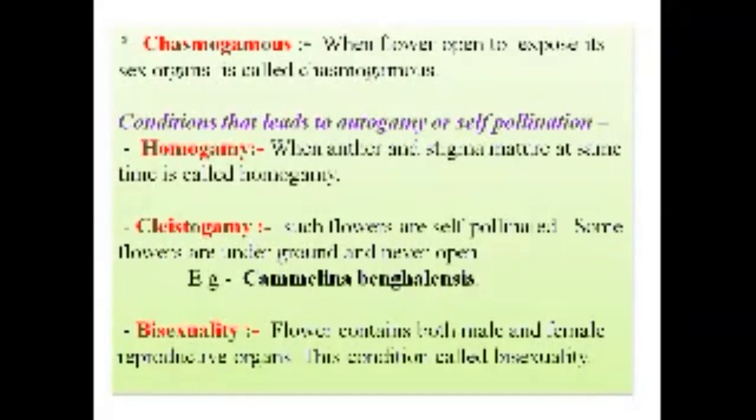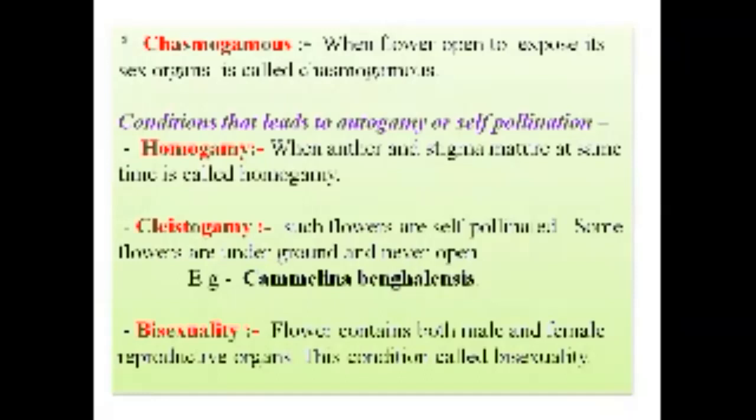Then only self-pollination or autogamy takes place within the flower. Then cleistogamy: in a cleistogamous flower, as in Commelina bengalensis, these flowers remain closed, they never open. Therefore, only self-pollination occurs.